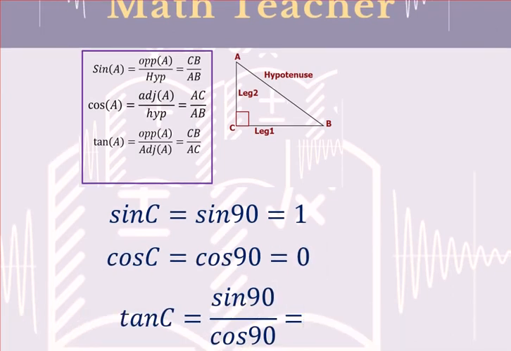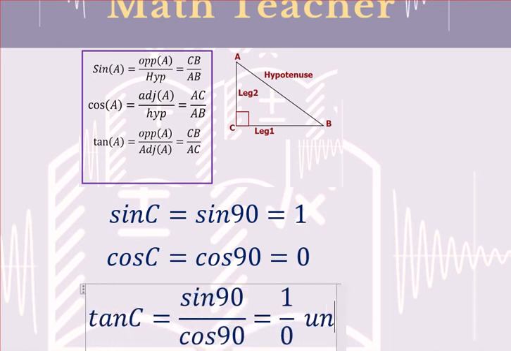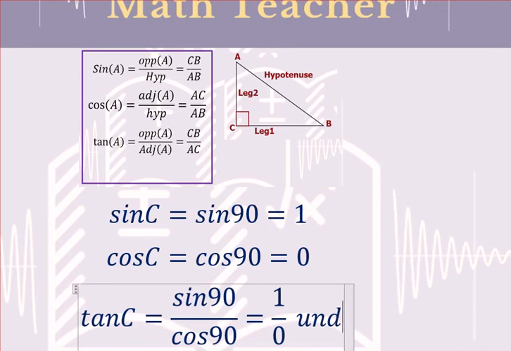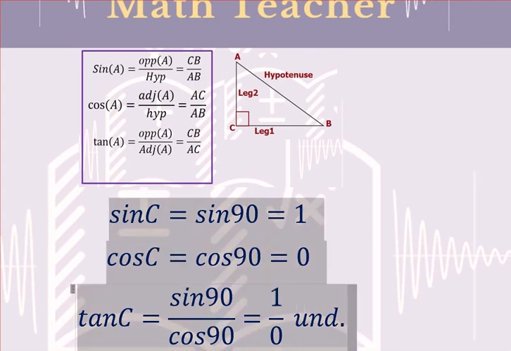And finally, tangent of angle C is equal to sine 90 over cosine 90. So it's 1 over 0, which means that it's undefined. So as you see, guys, tangent of any right angle is undefined. And these are always true for any right angle. Whenever you have a right angle, sine 90 is 1, cosine 90 is 0, and tangent 90 is undefined.